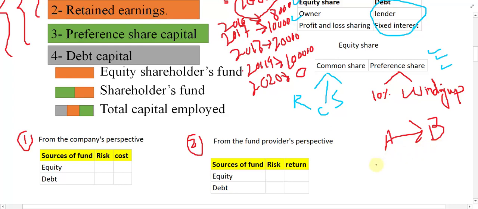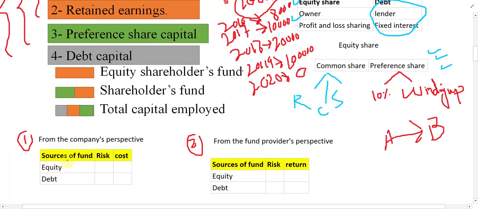The same thing is in business. When the fund provider provides something to the business, what they expect is a kind of return for them. But when the company pays that return, it's a kind of cost for the company. The same transaction is a cost from one side and a type of return from the other. So we have to clarify this point regarding debt as well as equity.